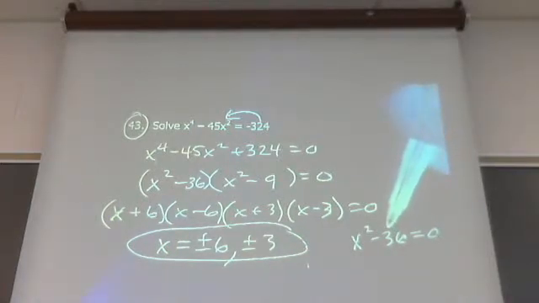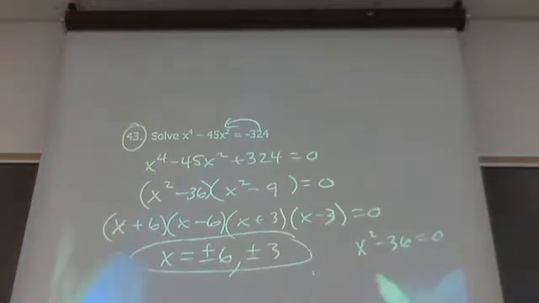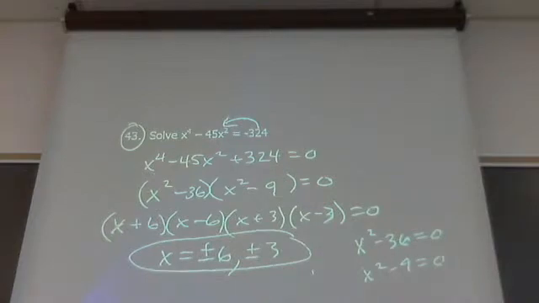A linear term. Since there's no linear term, then I can simply add 36 and take the square root, which would give me what? Close. Plus or minus 6. And then I could do the same thing with the other one, x squared minus 9 equals 0. Add 9 and take the square root and get plus or minus 3. So there's two different ways to do that question, truthfully.